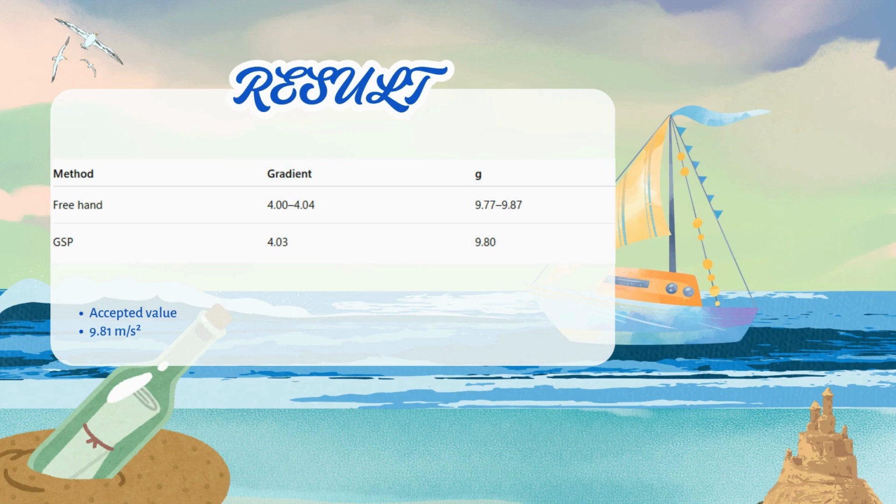For the GSP graph, every graph produced the same gradient of 4.03, giving a consistent value of 9.80 meters per second squared. Both methods are very close to the accepted value of 9.81 meters per second squared, showing that the experiment was successful.